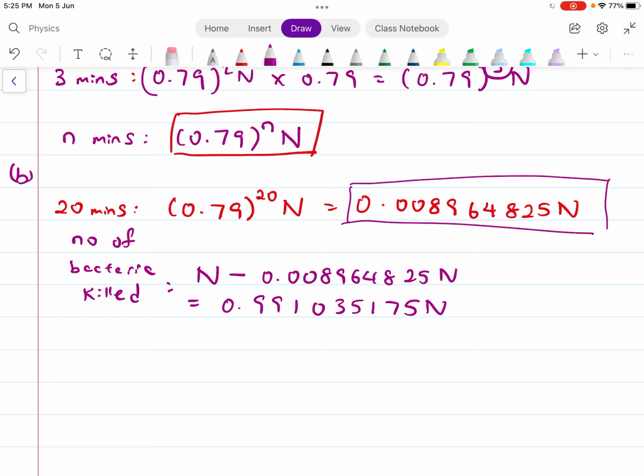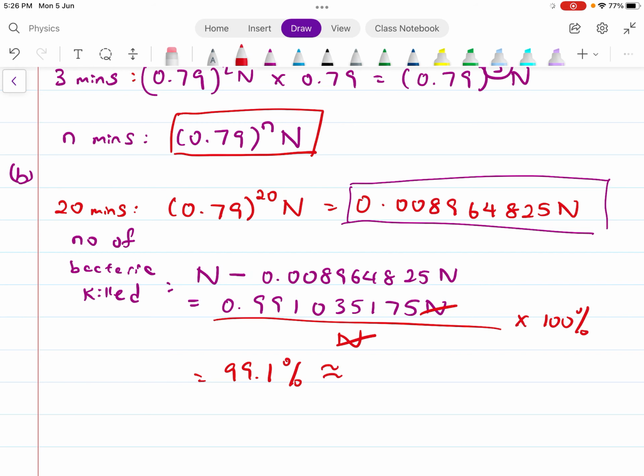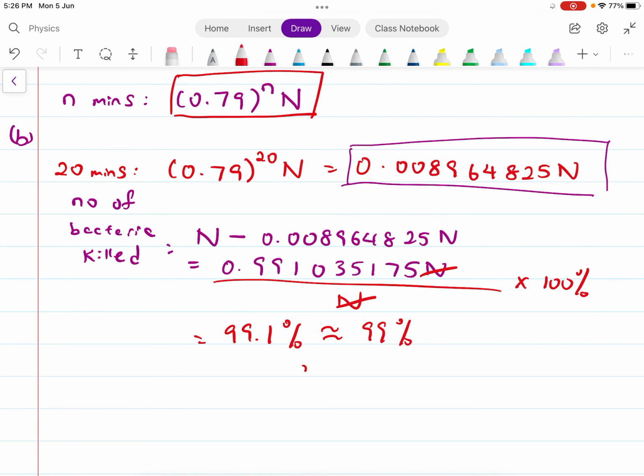This is the number of bacteria that's been killed after 20 minutes. Because you want a percentage, you divide this by the big 1N, then multiply by 100%. You will notice my big N is cancelled. So the percentage killed is 99.1%. Since they say calculate to 2SF, you round off to 99%. So X is equal to 99.